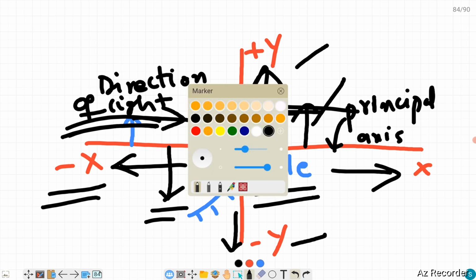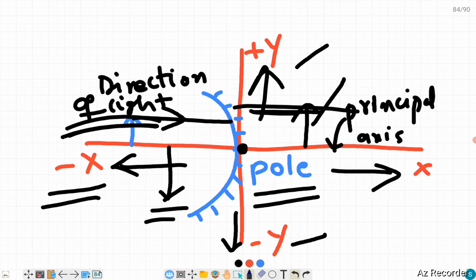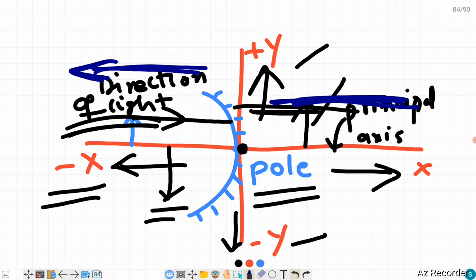Don't get confused. Here this is along the direction of light. When you are considering the negative x-axis, this is the opposite direction of light. Understood? So the distances measured along the direction of light are taken as positive, and opposite to the direction of light are taken as negative. Understood? So this is the sign convention.